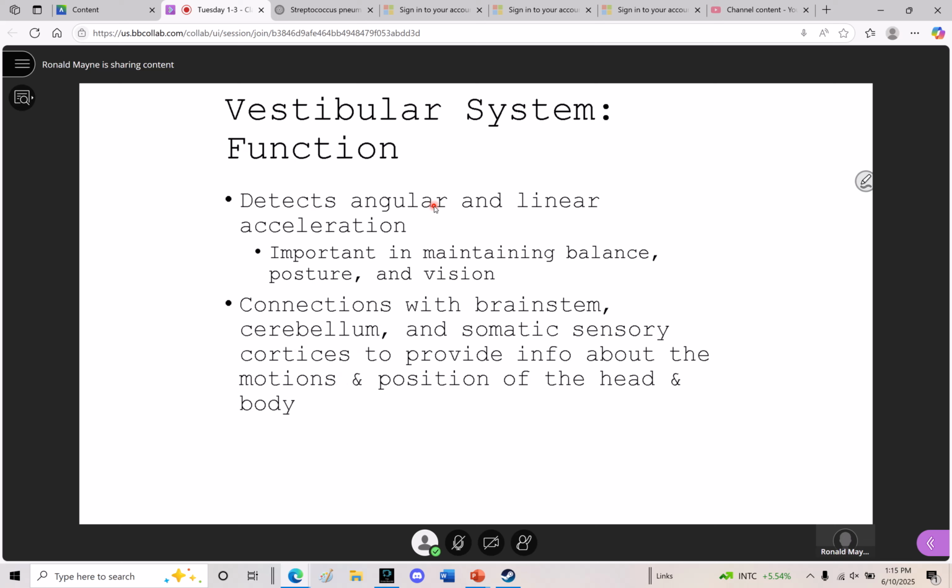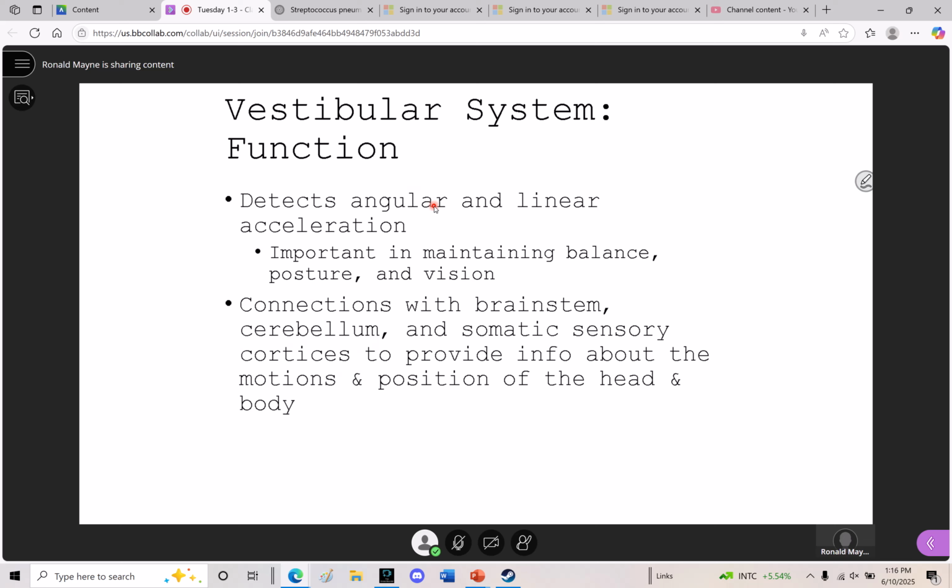Okay. The vestibular system will have two different types of functions. One function responds to what we call static equilibrium or passive equilibrium. Basically, what that means is it responds to linear acceleration. You're moving your body and the head's coming with you, hopefully.